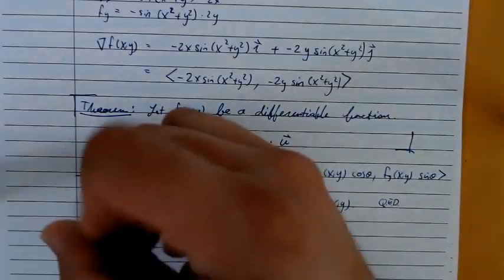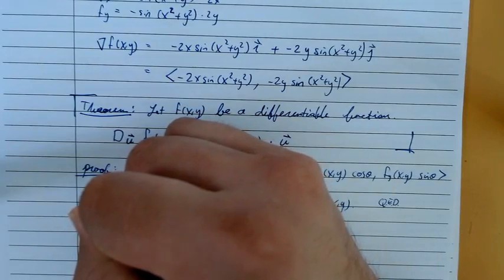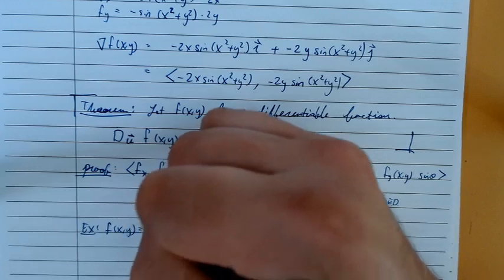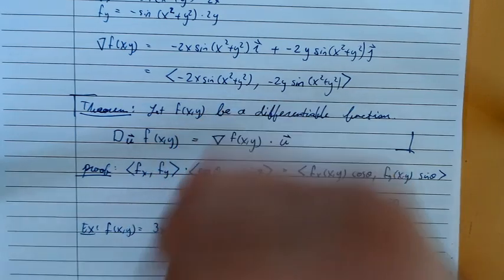So let's see here. Let f of x comma y equal 3x squared minus 2y squared.